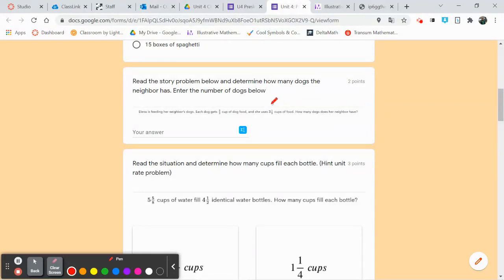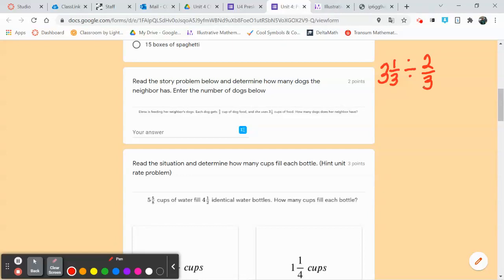How many dogs does the neighbor have? So we can use this in a division problem to find it. The reason why is we've got a unit rate right here. 2/3 cup of food for each dog. Okay, so we need to know the number of dogs, so we're going to divide 3 1/3 divided by 2/3.